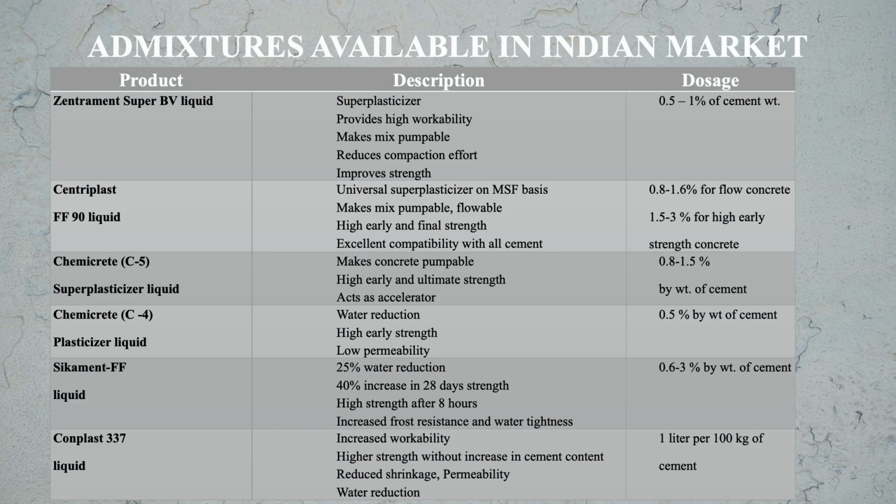Cement FF liquid is also used as super plasticizer, and their dosage is 0.6 to 3% by weight of cement. They can cause a water reduction of 25% in concrete, a 40% increase in 28 days strength, and high strength after 8 hours, and they also cause increased frost resistance and water tightness.